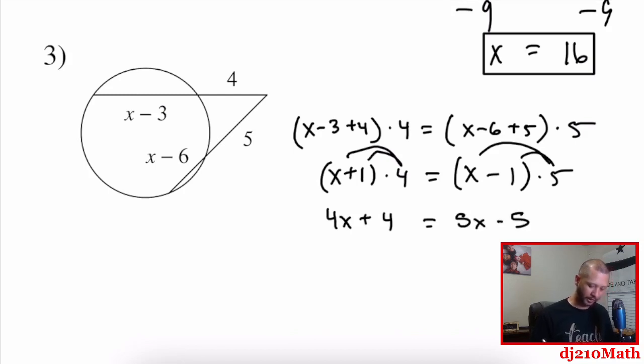Now moving all the x's one way, it doesn't matter which way. I'm going to subtract 4x because I want to try to keep the x's positive. Add 5 to both sides. So that cancels. Left-hand side, we get 9. Right-hand side, we get x. So x is equal to 9.